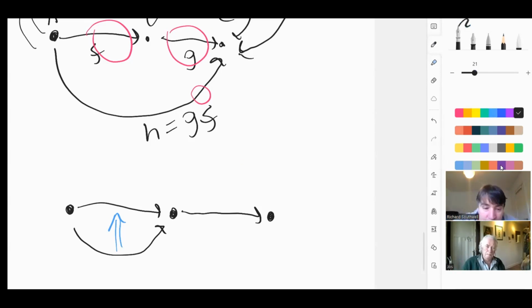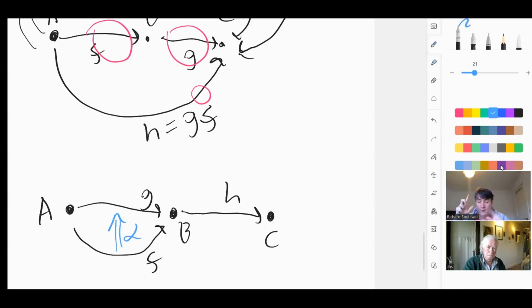So let's introduce a bit of notation. Maybe these are A, B, C, F, G, H, and alpha. So alpha is an arrow, or a two-cell, from F to G. Okay, yeah. So the important thing, just like with an ordinary category, is that we should be able to compose the arrows. The important thing here is that we can compose these two cells here.